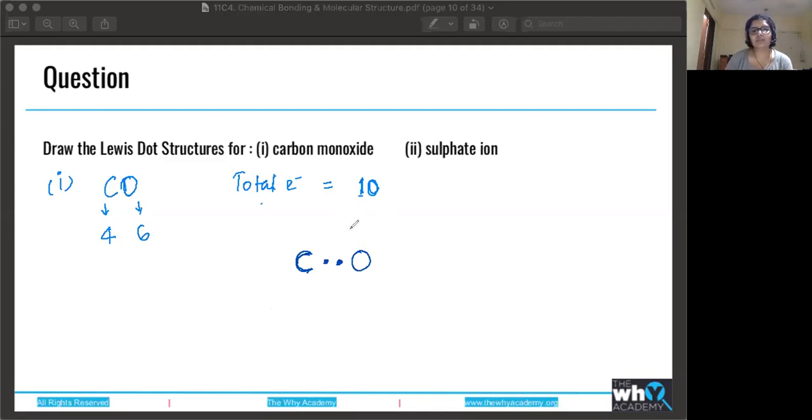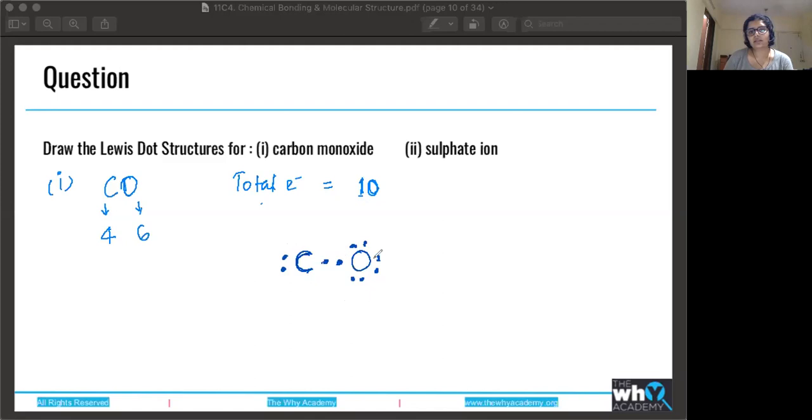Oxygen already has 2 shared electrons, and it needs 6 more for a completed octet. So I'll add 6 more as 3 pairs of electrons. That's 1, 2, 3, 4, 5, 6, 7, 8. I have 2 more left, so I'll give those 2 to carbon here.